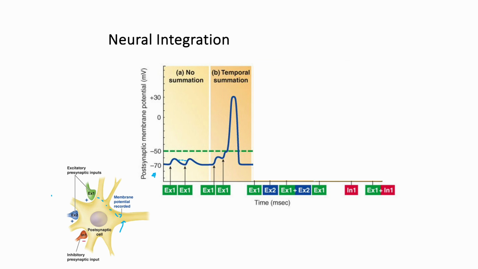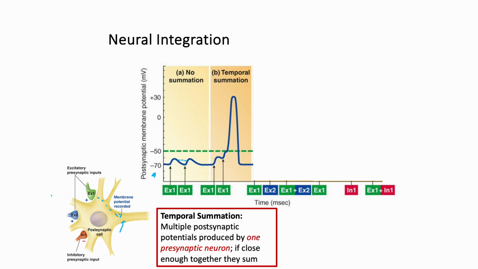Temporal means time. So we call this temporal summation. And we define that then as multiple postsynaptic potentials, right? In this example, we're talking about EPSPs produced by one excitatory neuron, okay? If they're close enough together when they reach the axon hillock there, they sum together. So that's our first example of temporal summation.